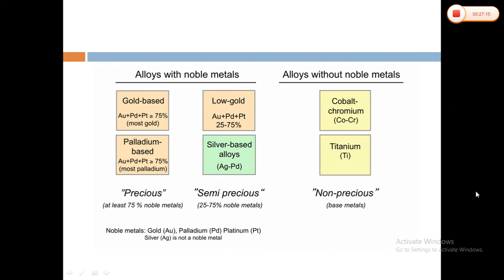In semi-precious, again, we have low gold alloys or silver-based alloys. Non-precious, also called base metal alloys. Here you can find cobalt chromium, titanium, nickel chromium, etc. So these are the broad classification of alloys used in dental practice.